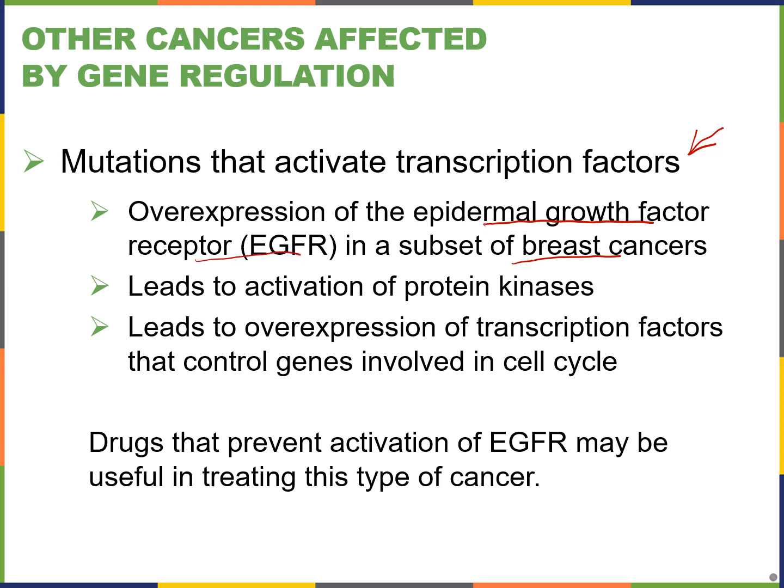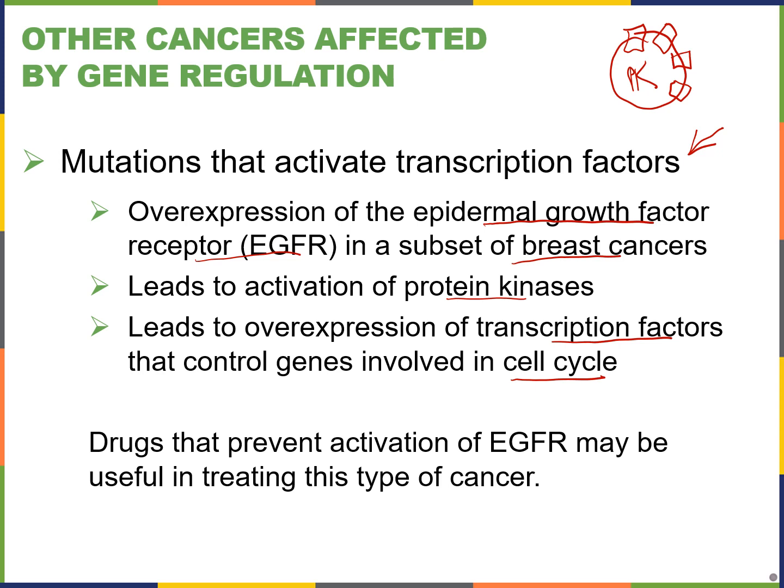So these are receptors on the surface of the cell, and if you have too many of them, that tells the cell to grow more, or to continue to divide even when it's not supposed to. And how it happens is molecules that bind to the receptors activate protein kinases within the cell, and that leads to the overexpression of transcription factors that promote the cell cycle.